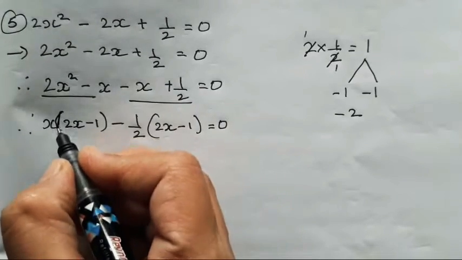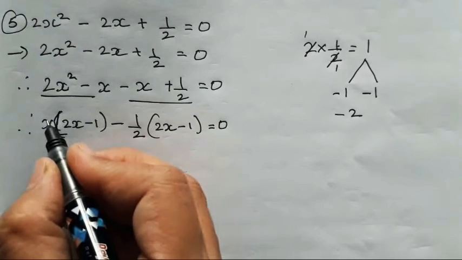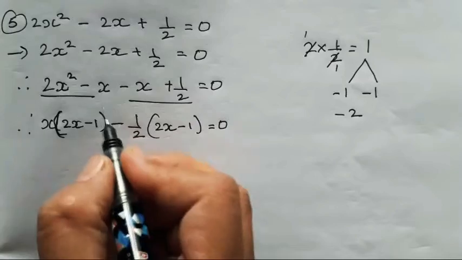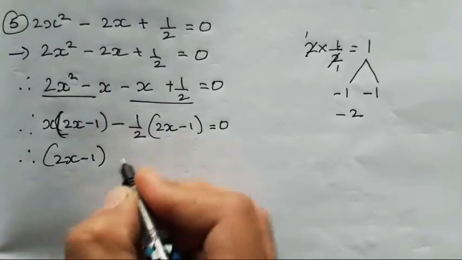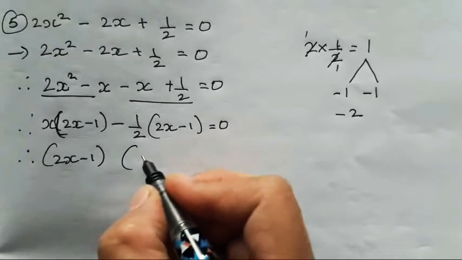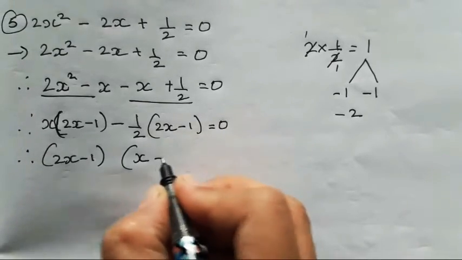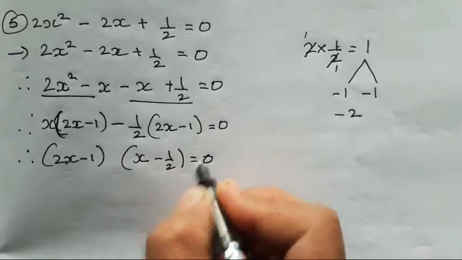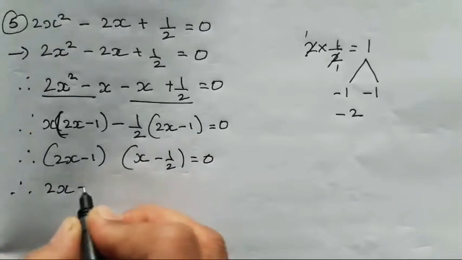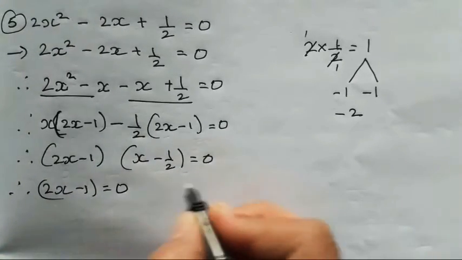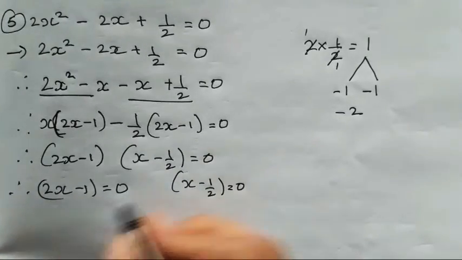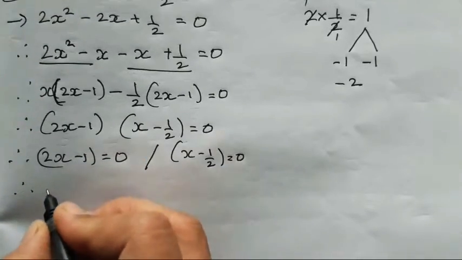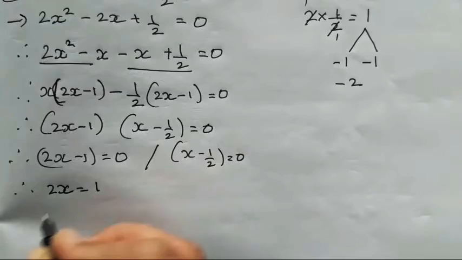Now if your factors are right, then only your answer is going to come right. So for that you all have to multiply and check. So therefore 2x minus 1 is your one factor and x minus 1 upon 2 is your other factor. Let's write it separately. 2x minus 1 is equal to 0 and x minus 1 upon 2 is equal to 0. So therefore 2x is going to be 1.